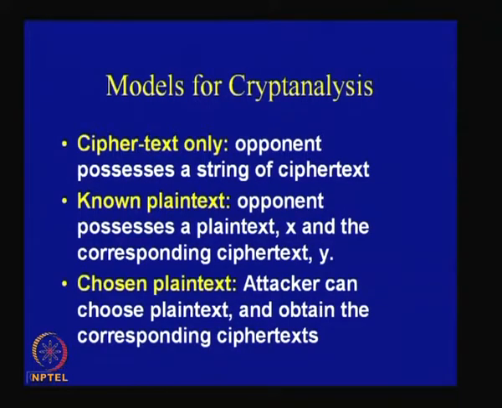The public key is known to everybody, which means that anybody can encrypt a plain text message, and therefore obtaining the ciphertext for a corresponding plain text is not a difficult job. So you can have an ample amount of tuples of plain text and ciphertext. Therefore, in such conditions, a known plain text attack is not very non-intuitive or impractical, and it is also used as an important model for studying.